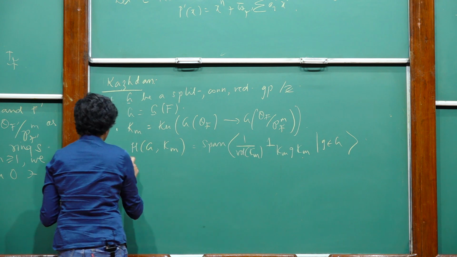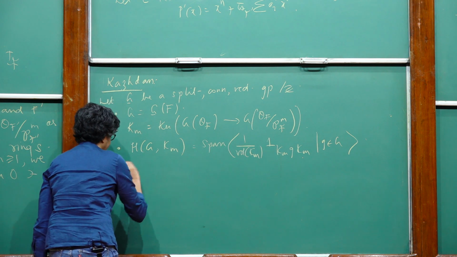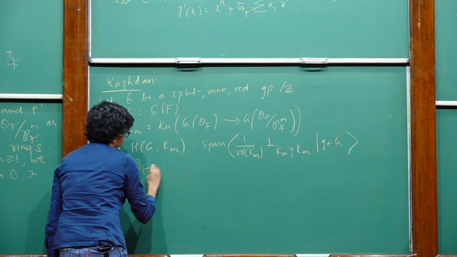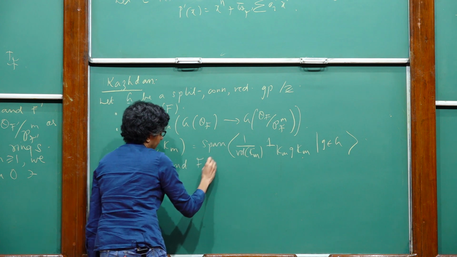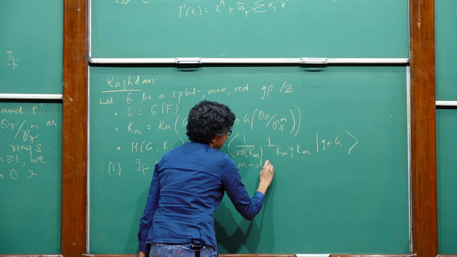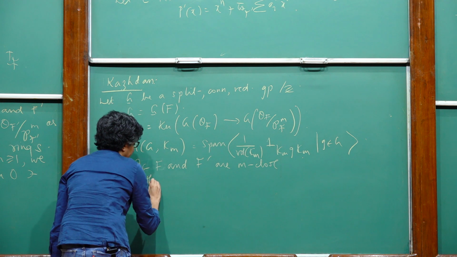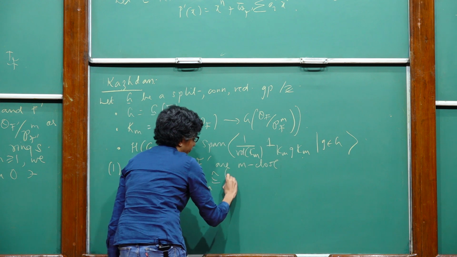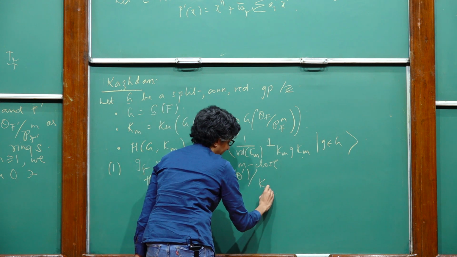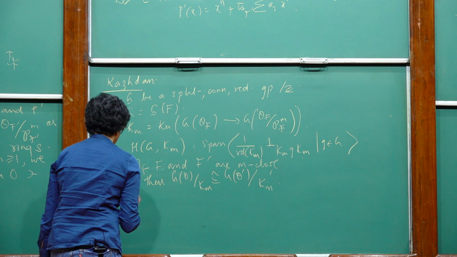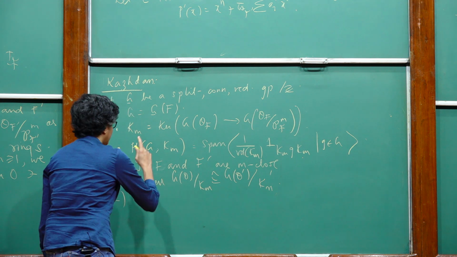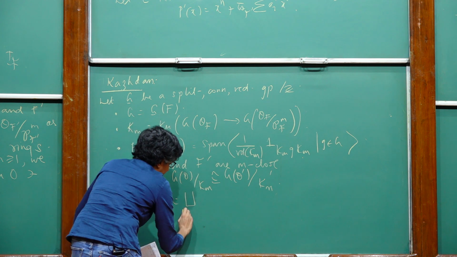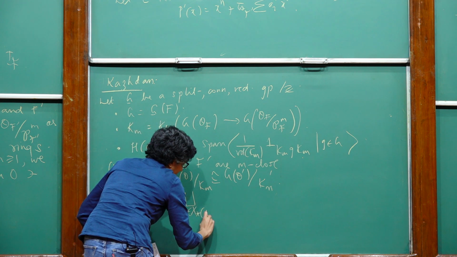Now, the first thing to note is, if F and F prime are m-close, then G(O) mod K_m is isomorphic to G(O') mod K_m'. This is the first, and then you also have a Cartan decomposition of G(F) as the disjoint union over lambda in X_*(T) of G(O_F) lambda(omega_F) G(O_F).